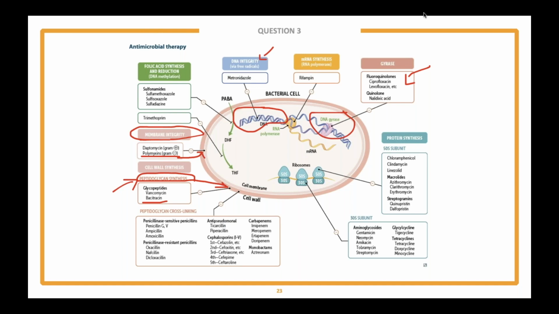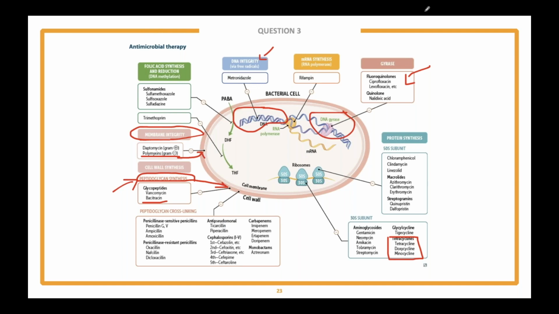Specifically, these are the tetracyclines that block the tRNA binding. Tetracyclines, you can think it starts with a T, tRNA. They block that elongation step of protein synthesis. These guys, like doxycycline for sure, are used systemically to treat things like atypical pneumonia or spirochete infections. And these are also not normally associated with nephrotoxicity.